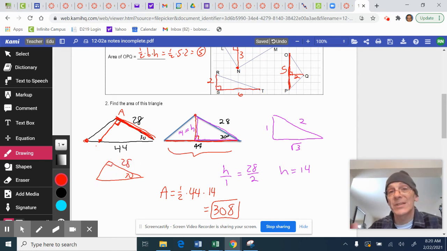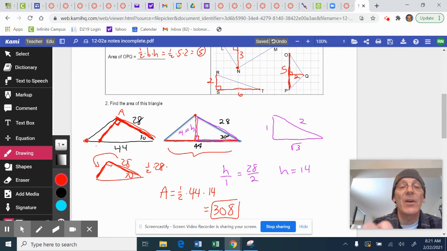Now they're going to use their 30, 60, 90 work to find out how long that segment is, and then they'll do 1/2 times 28 times whatever that segment is, and they'll get the wrong area for the triangle, because that segment, although it is perpendicular to the 28, is not really a height of that triangle. So make sure that the height of your triangle always extends as far as a line that is parallel to the base and going through the opposite vertex.